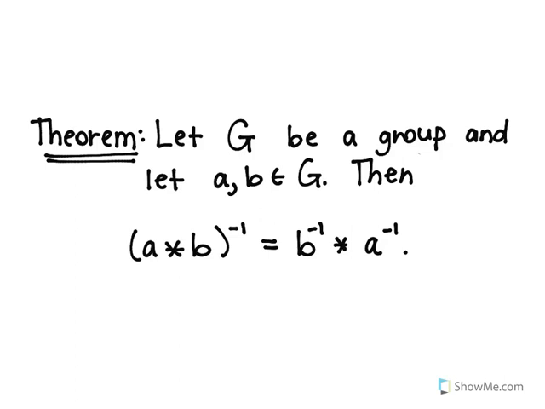The answer is that it's B inverse star A inverse. Note that the order changes here. This might be something that you remember from calculating inverses of matrices in linear algebra. But let's check now to make sure that it's true in any group.